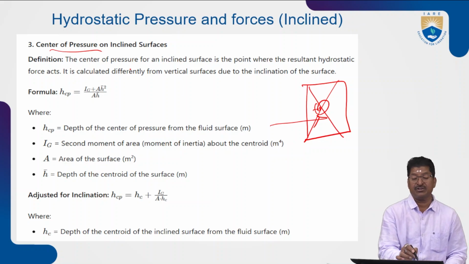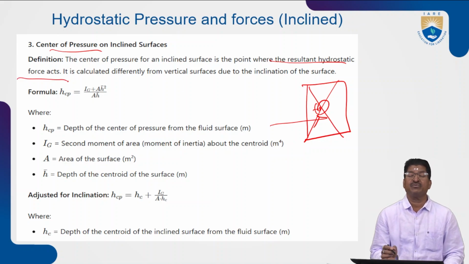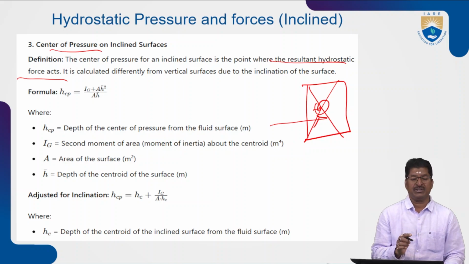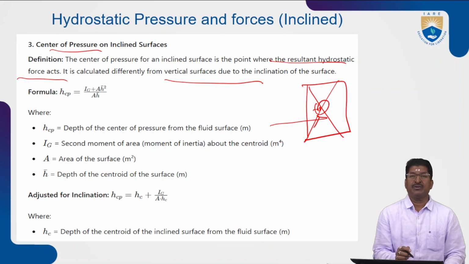The center of pressure of an inclined surface is the point where the resultant hydrostatic force acts. So what is the meaning of center of pressure? Where the total hydrostatic force or resultant hydrostatic force is acting, that point is called the center of pressure point. It is calculated differently compared to the vertical surface.